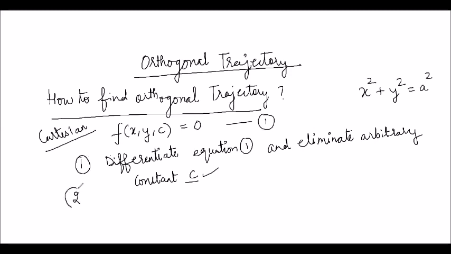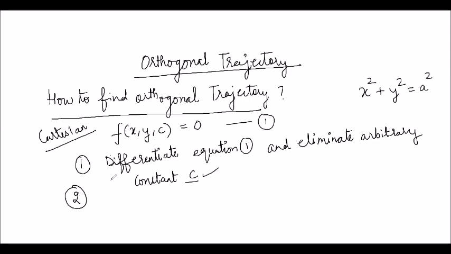We have to find the orthogonal trajectory. After step 1, we will get a differential equation corresponding to equation 1. In the obtained equation, we replace dy by dx by minus dx by dy. Why are we doing this?